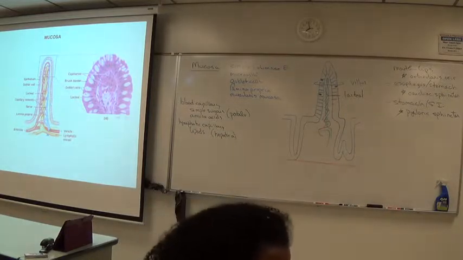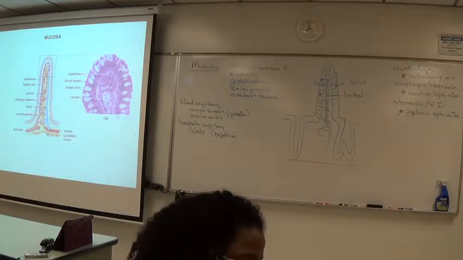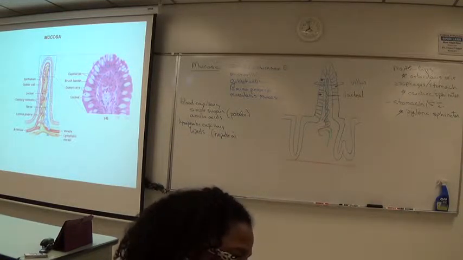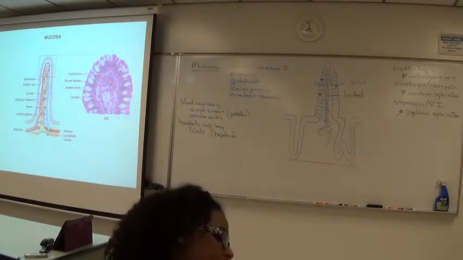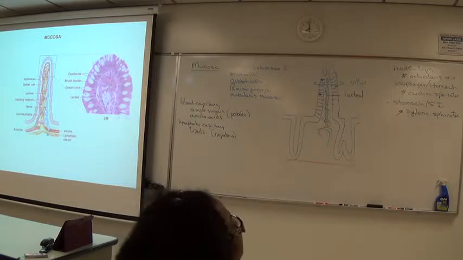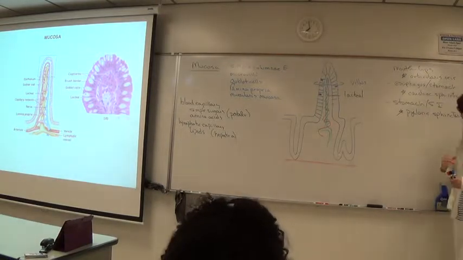We'll come back and talk about the villus in just a moment when we talk about how we increase the surface area for the small intestine for enzymes and absorption. But as we look at the mucosa here, we'll move on. The next layer is submucosa. So I'm going to erase this and write submucosa.